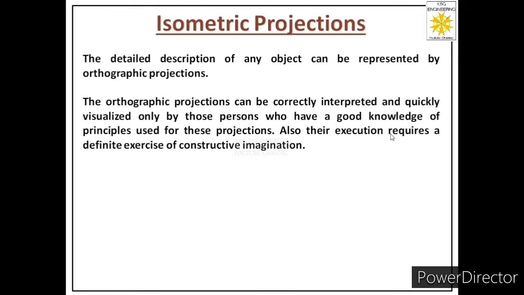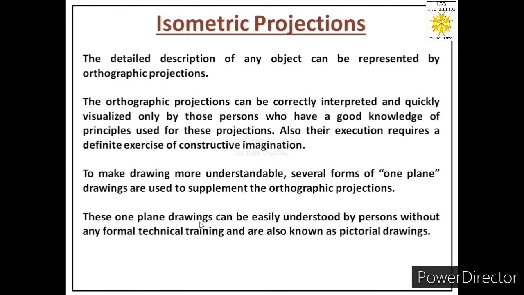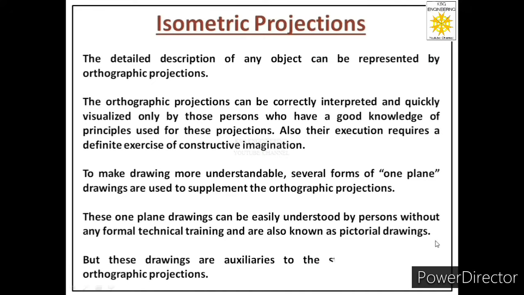Also, their execution requires a definite exercise of constructive imagination. Yes, of course. To make drawing more understandable, several forms of one-plane drawings are used to supplement the orthographic projections. These one-plane drawings can be easily understood by persons without any formal technical training and are also known as pictorial drawings.